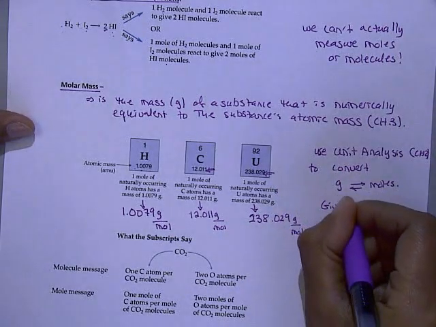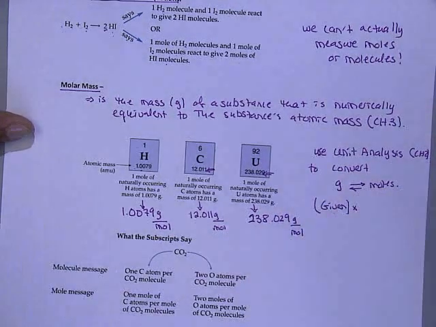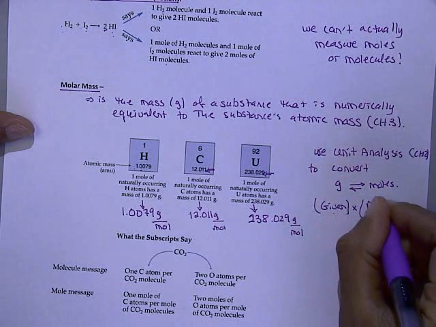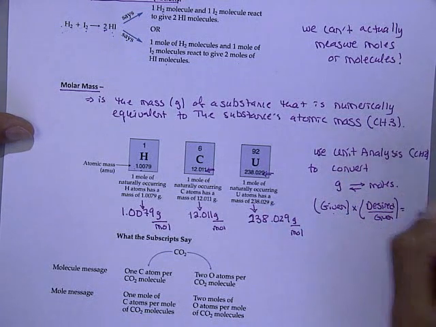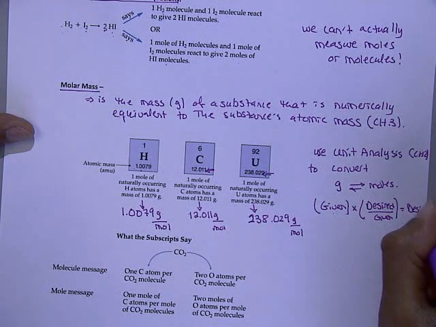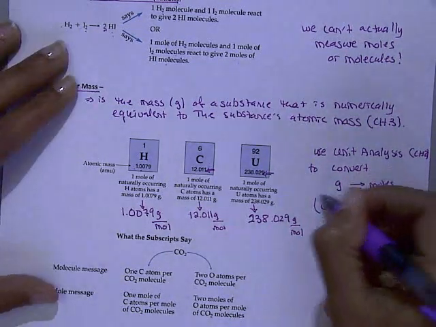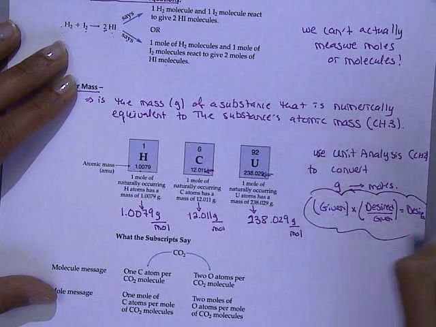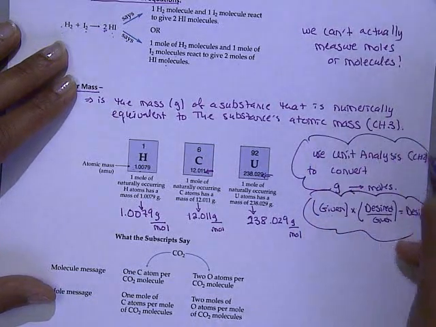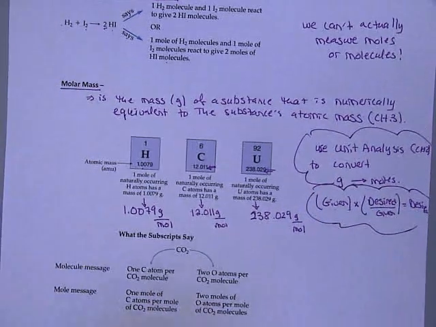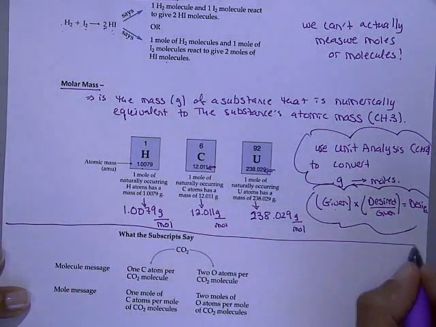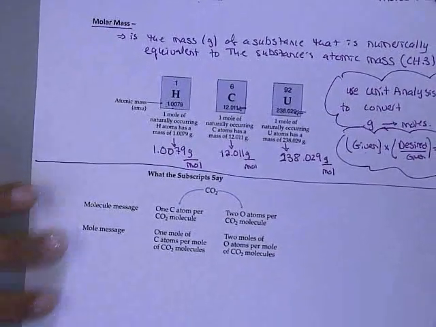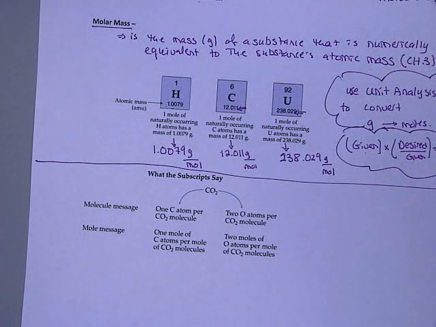Remember our handy equation of your given times your desired over your given gives you the thing that you're desiring. Again, we'll do examples of that at the end of this lecture video. So unit analysis comes back heavily in this chapter. Let's also review what subscripts say, because a lot of you are still quite confused about that.